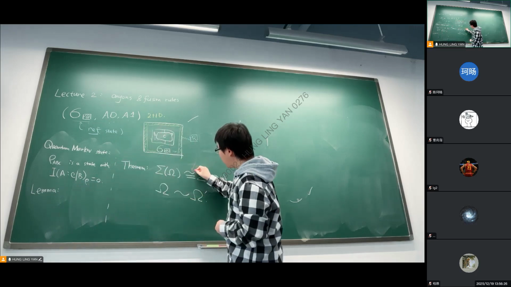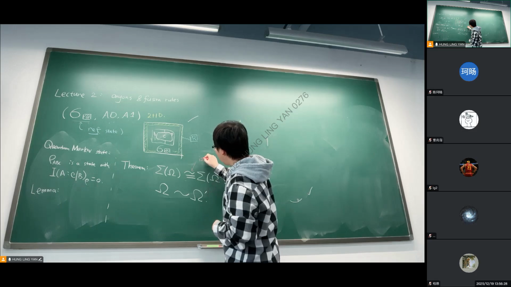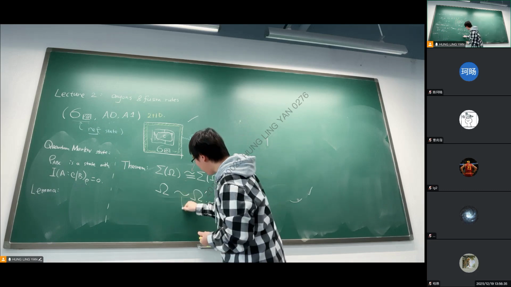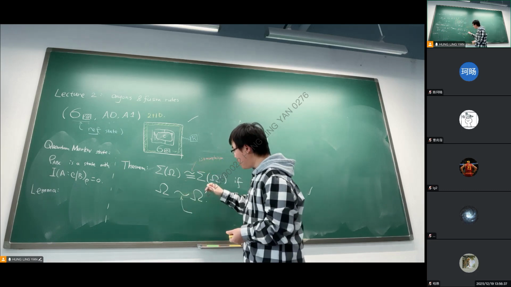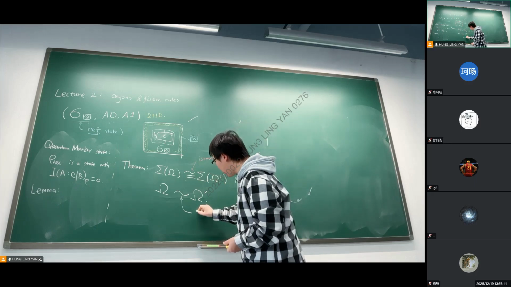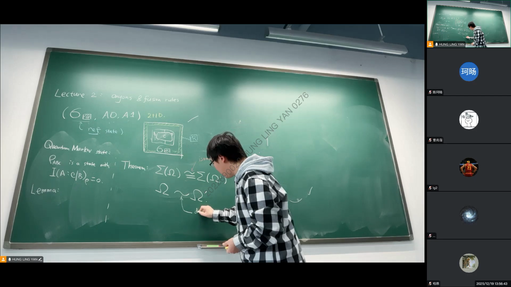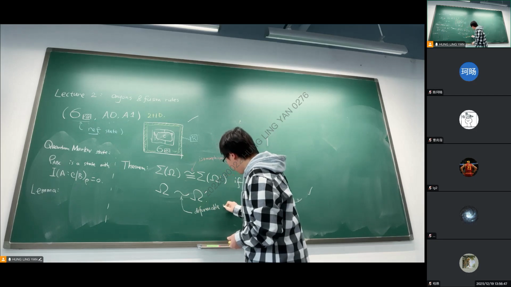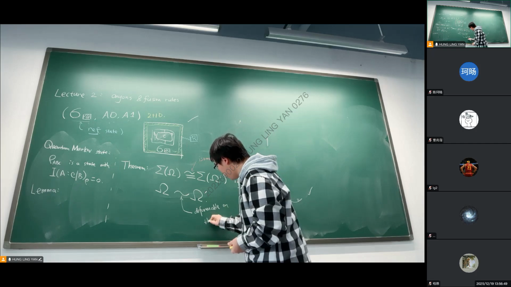So this one is called isomorphism. And this is saying the two regions can be deformed to each other on the background. Deformable on the background.